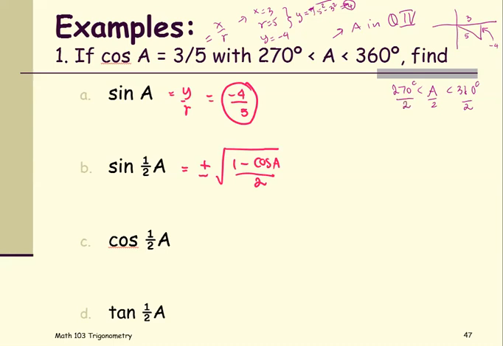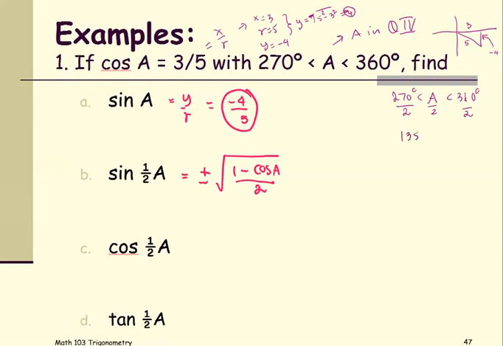So 270 degrees divided by 2 is 135 degrees on the left, and on the right hand side, 360 degrees divided by 2 is 180 degrees. Therefore 135 degrees is in quadrant 2, and this is just the end of quadrant 2. That tells us A over 2 is in the second quadrant. If it is in the second quadrant, the sine is positive. So we're going to take the positive sign here.